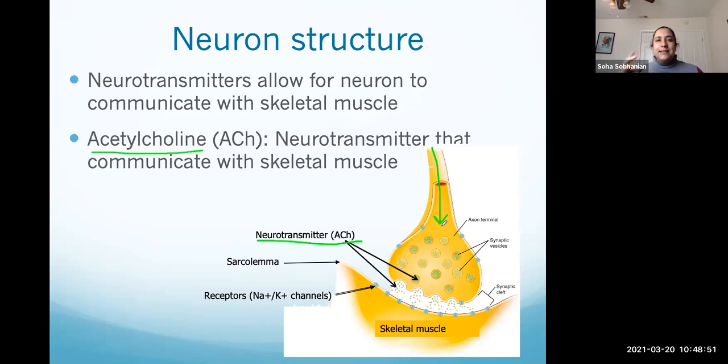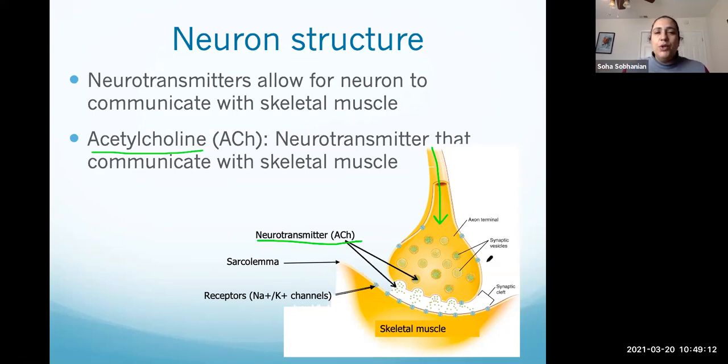That electrical impulse associated with your neuron causes the neurotransmitter ACH to be released into this space right here. Now, this space is called the synaptic cleft.